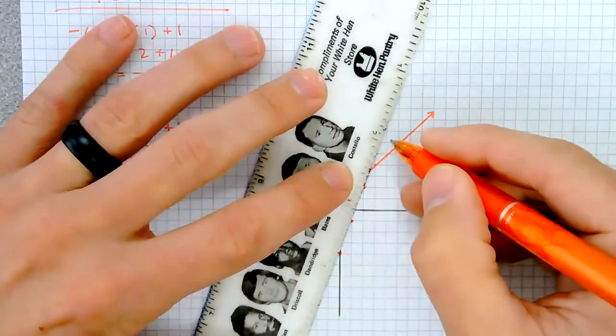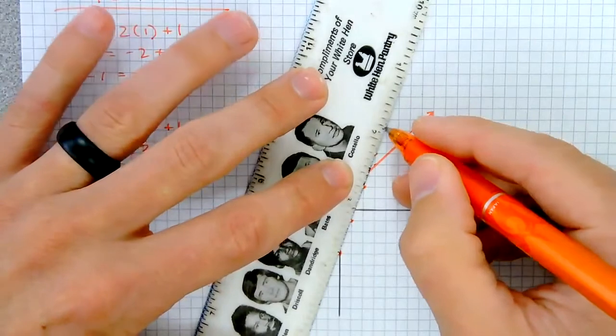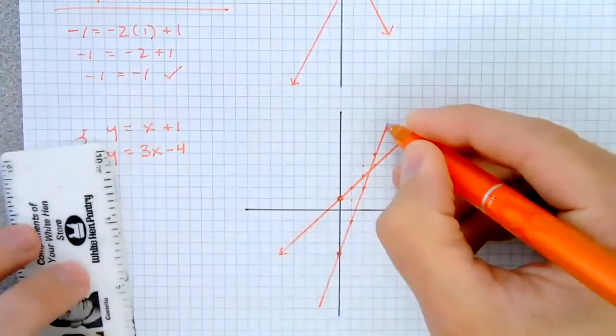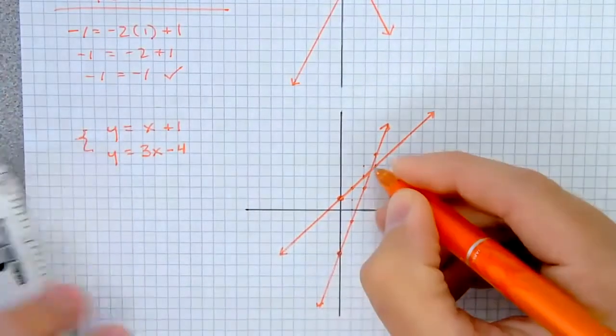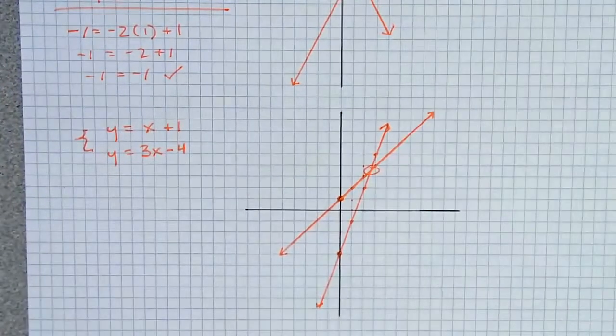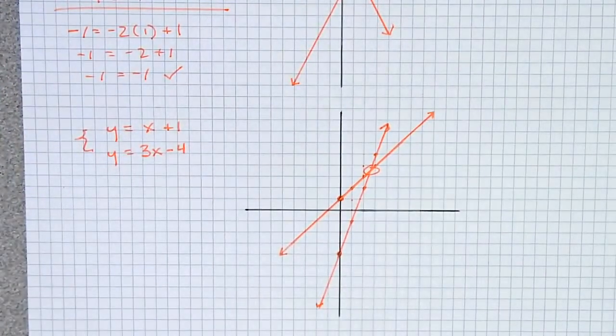And this one isn't going to be pretty. Whatever that point is would be the point of intersection.